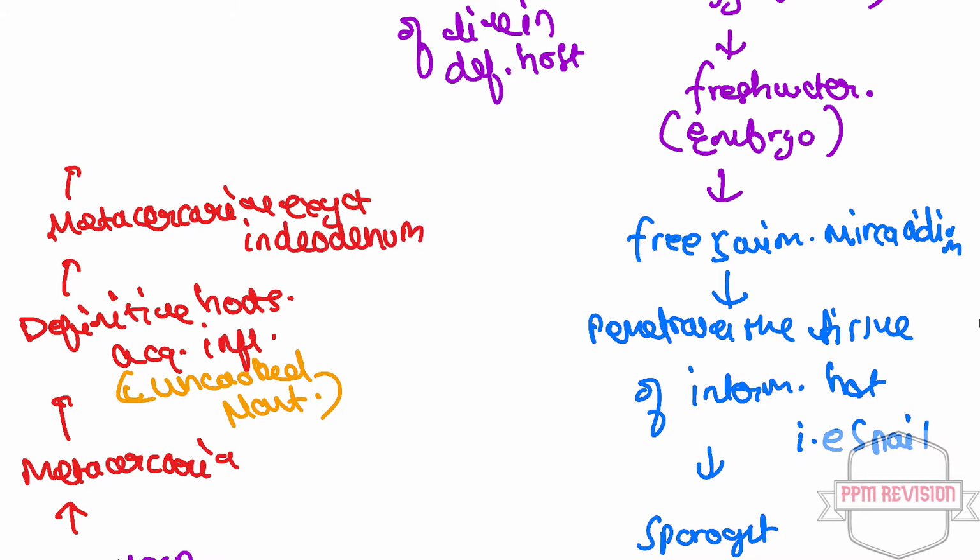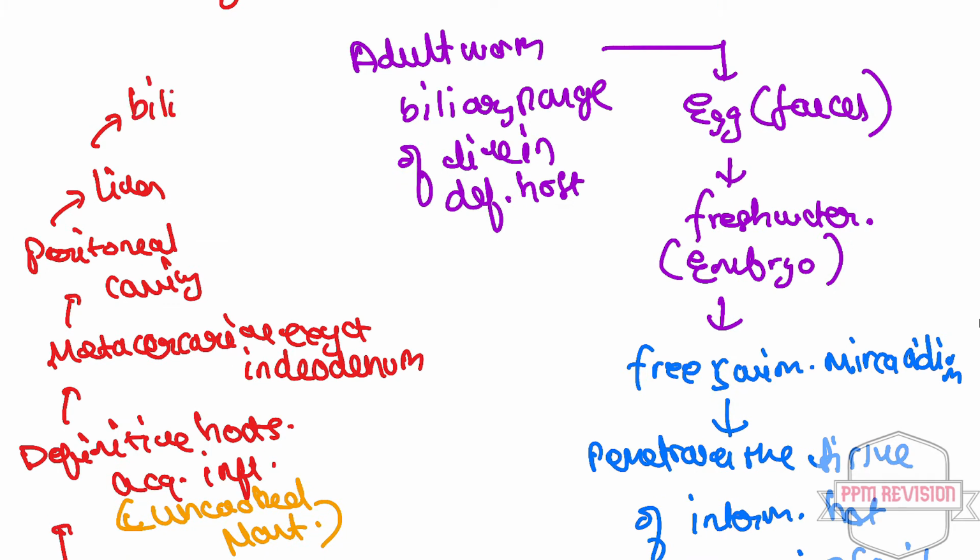It moves on to the peritoneal cavity. Then moves on to liver, and then to the biliary passage. Then matures into adult worm. This is a bit long, so I'll be revising it again.